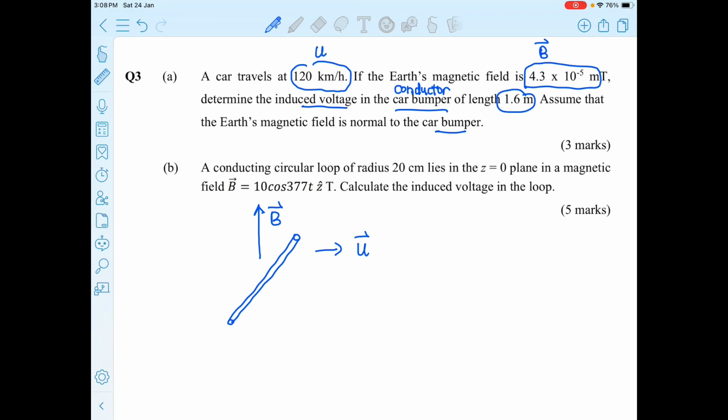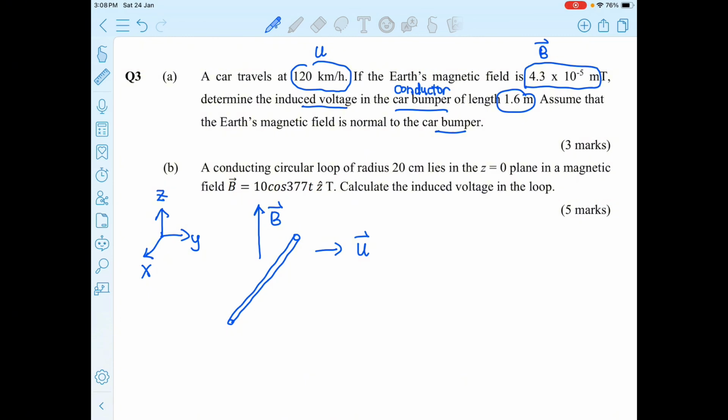This is the direction of the magnetic field. For reference, the B is in the Z direction and the U is in the Y direction.